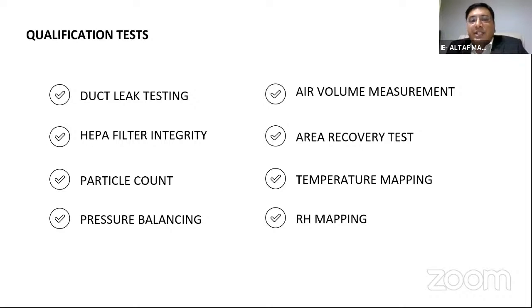Nowadays, we can monitor these pressures along with temperature and RH with digital devices, and they can be monitored through central stations also.